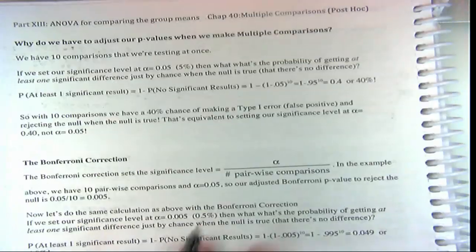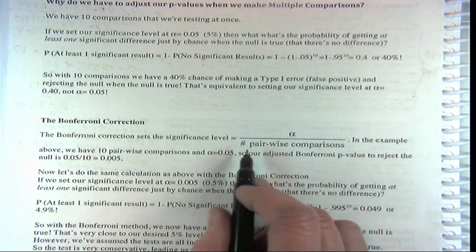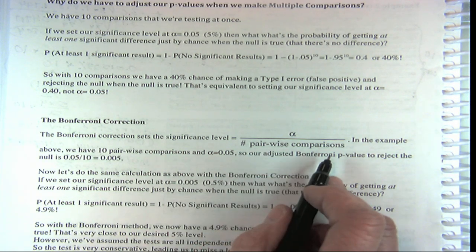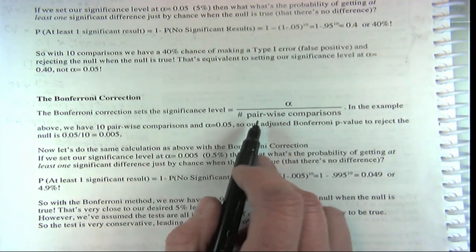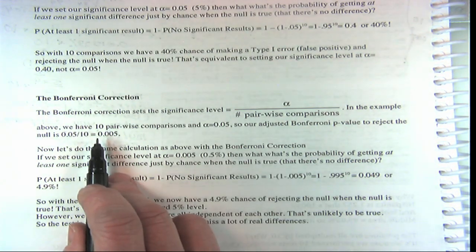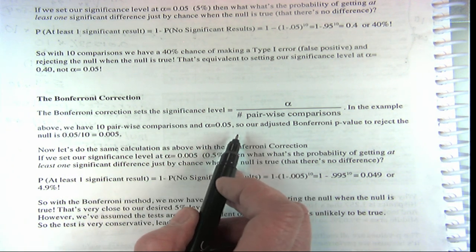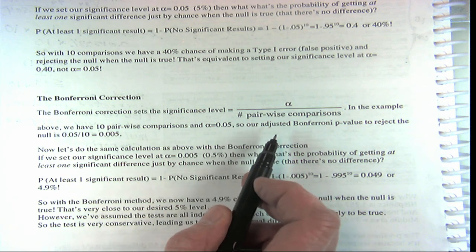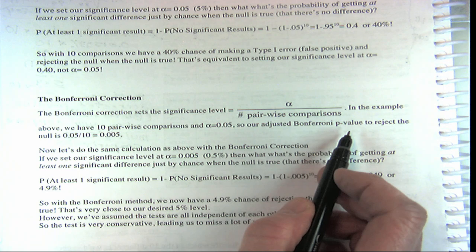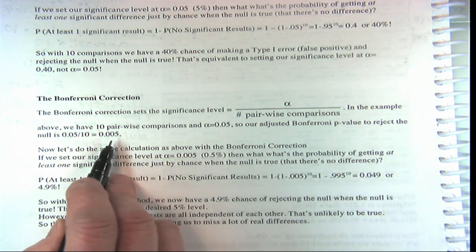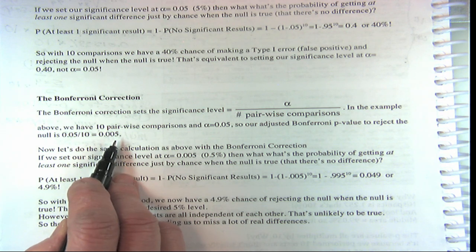So whatever significance level you set, the Bonferroni correction divides it by the number of pairwise comparisons, okay? So let's just check what we do. If we divide by 10, what happens? Now we have 10 pairwise comparisons at alpha equals 5%, so our adjusted Bonferroni significance level is really not 5%, but what is it? 0.5%.